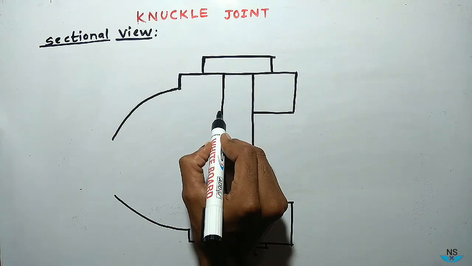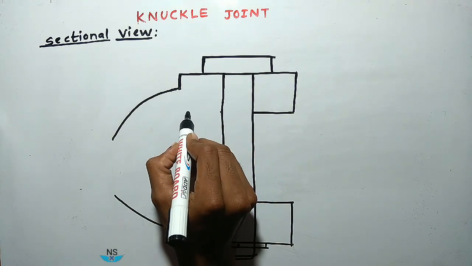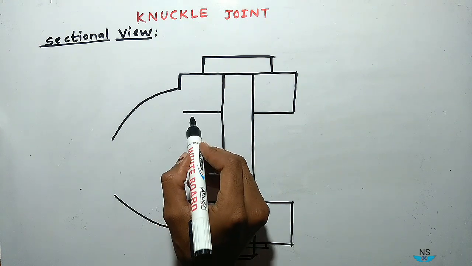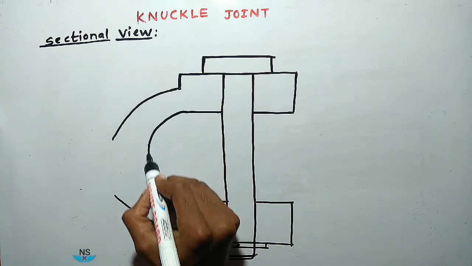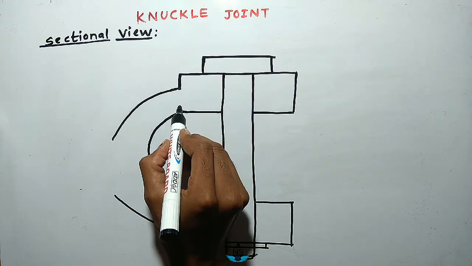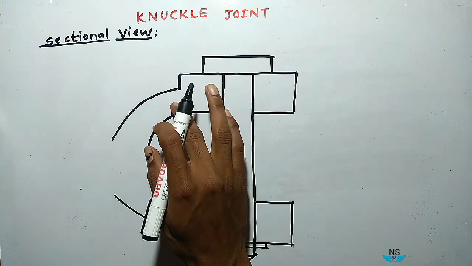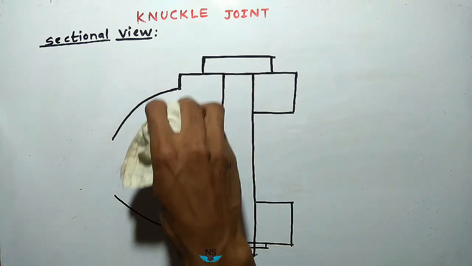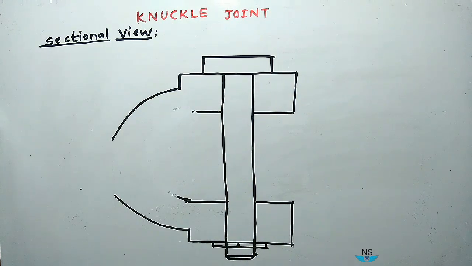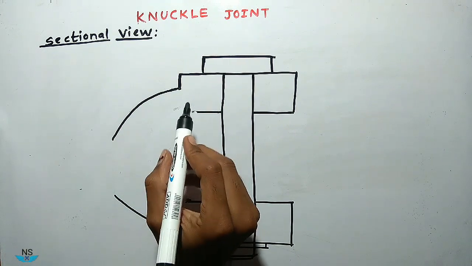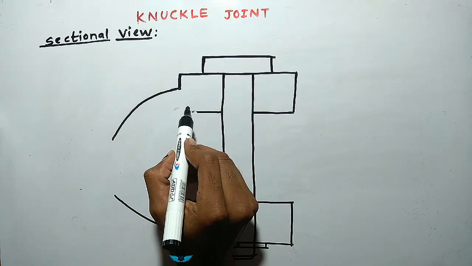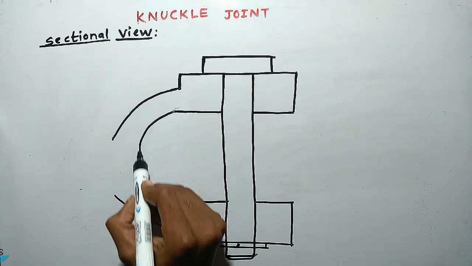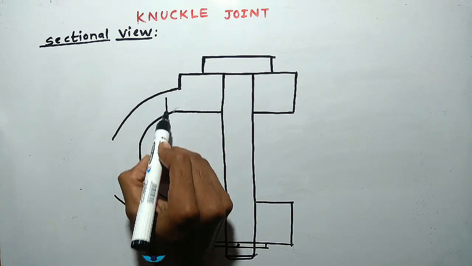So this is the fork, and it has a radius.